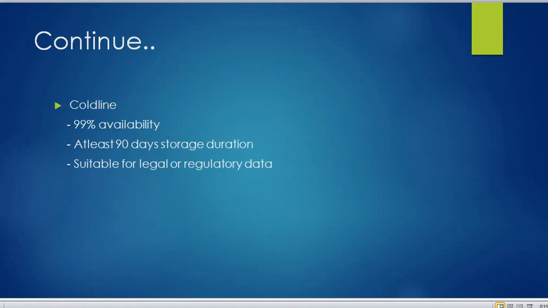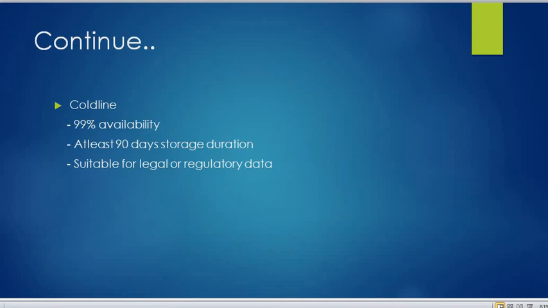This is best suitable for legal or regulatory data, data which can be accessed once a year, once in 2 years, or twice a year. So we are accessing data very less frequently. This is the cheapest of all buckets. Compared to all classes, this is much cheaper.